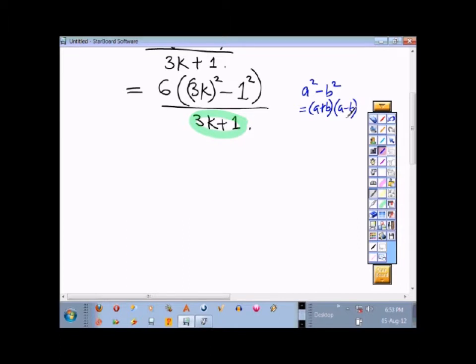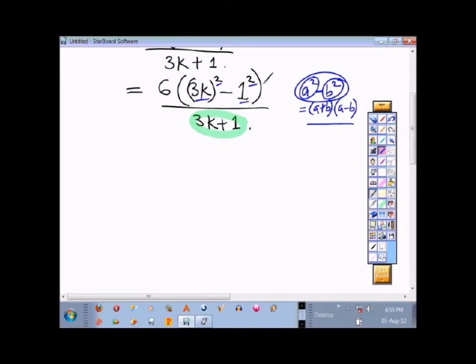Anytime you see two values, each of them squared, and there is subtraction in between them, the statement is factorizable. So that is applicable here, so that this is like our a that is squared, and this is like our b that is squared.